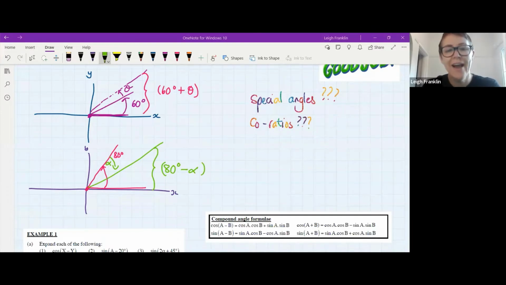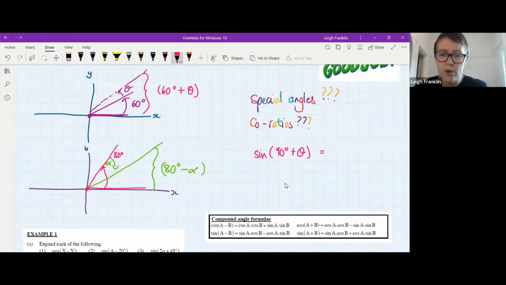It's going to make your life so much easier. I promise you that not 99% of trig, but at least 60% of trig is studying. If you study and learn your reduction formulae and your special angles and all that other information, you really are going to get a lot further, a lot faster. As far as the co-ratios are concerned, those are super important in matric as well. In terms of reduction, if you see the sine of 90 plus theta, you know straight away that that is cos theta, for example.